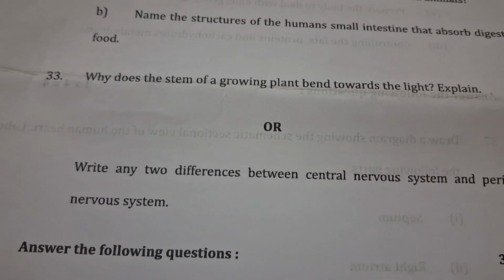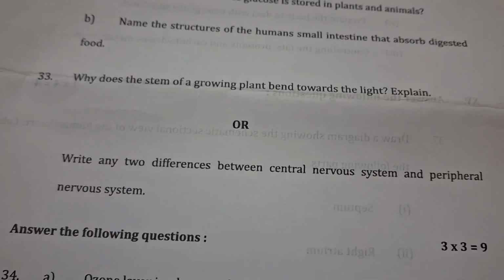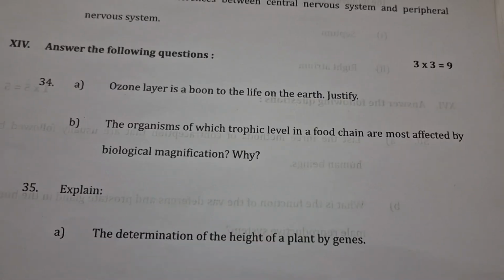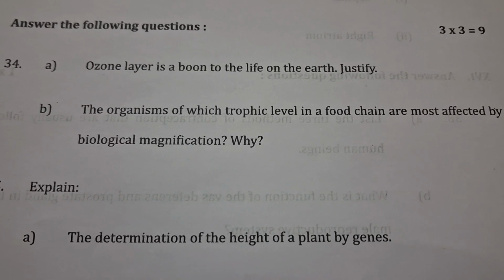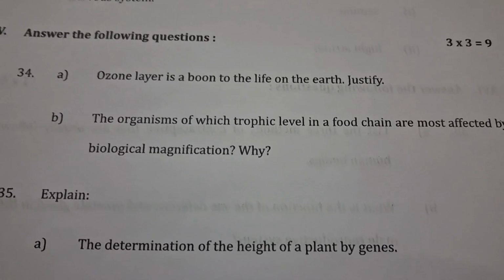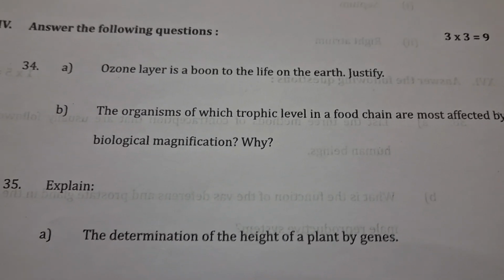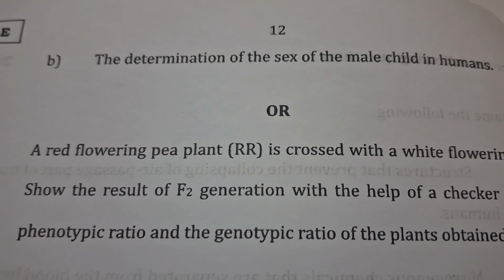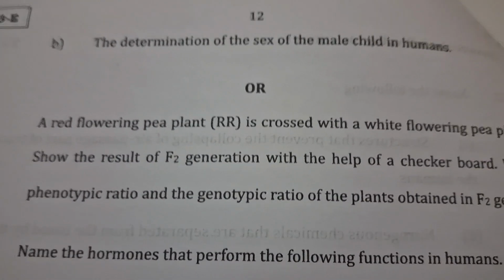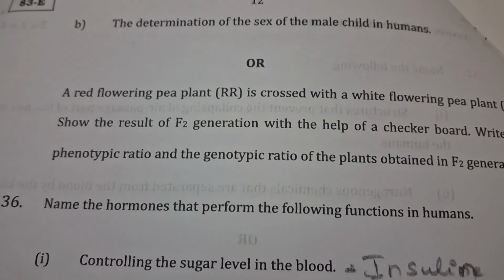Then the OR question, 33rd question. 34 and 35, ozone layer, A and B, the environment chapter. The determination of sex of a male child in humans. Frequently asked question. The next question is an OR question.